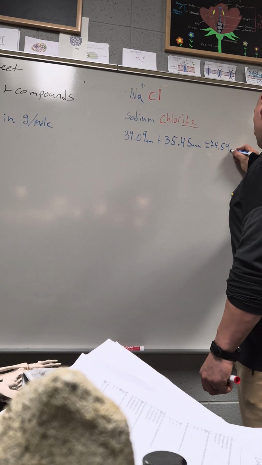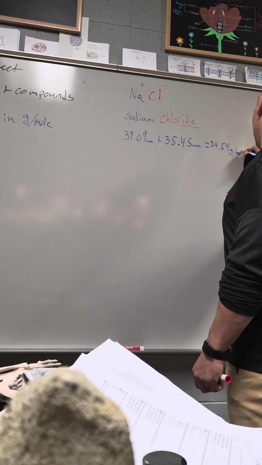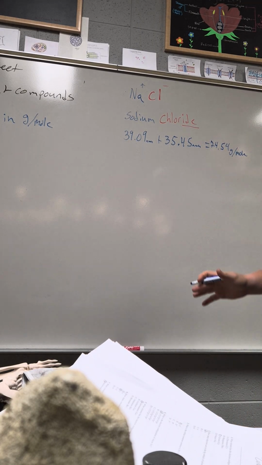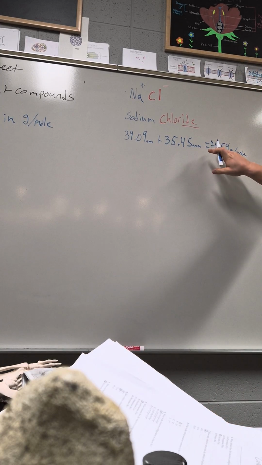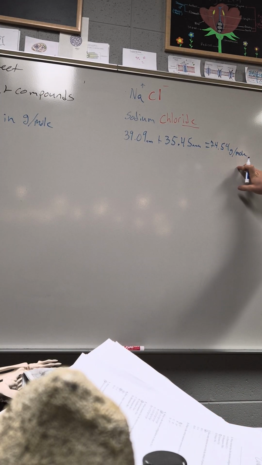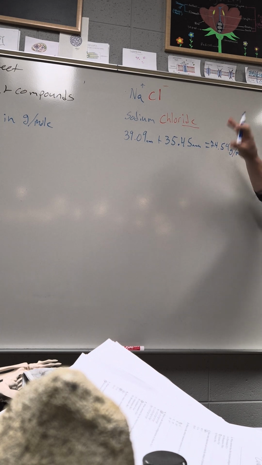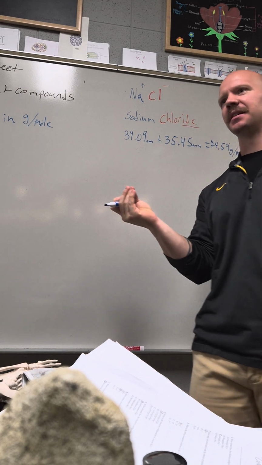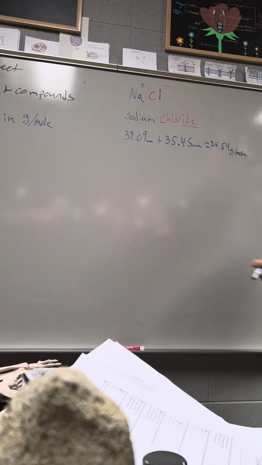I can write grams per mole, because it's a 1-to-1 conversion between AMU and grams per mole. So we have 74.54 grams per mole. What does that mean? Well, if I have 74.54 grams of this salt, I know that I have 6.022 times 10 to the 23rd molecules of sodium chloride, which is 1 standardized unit.